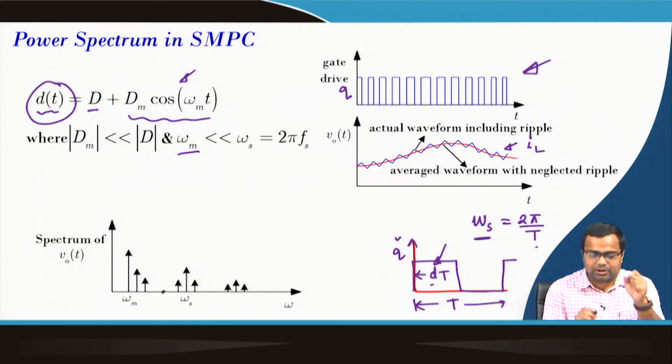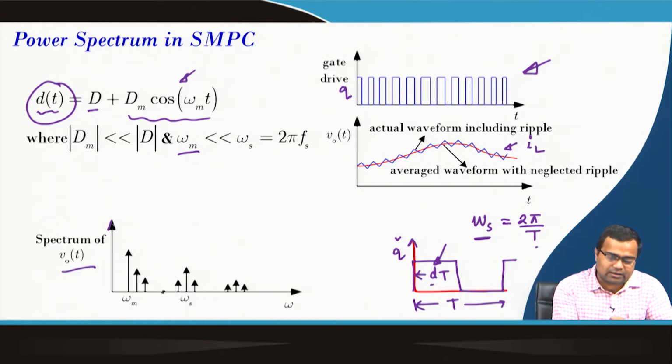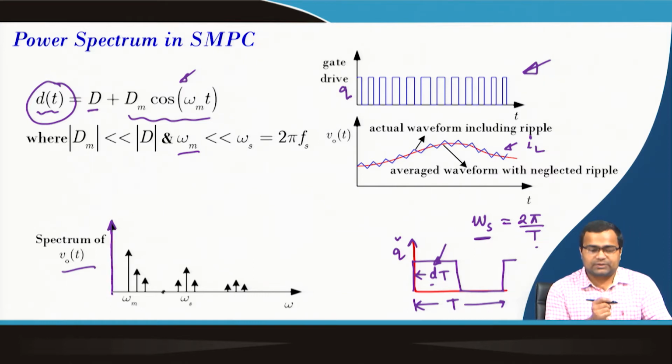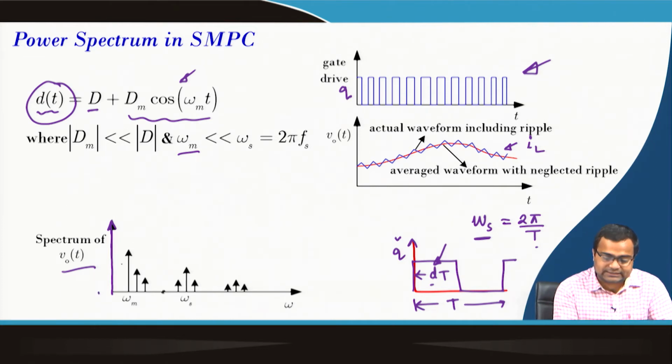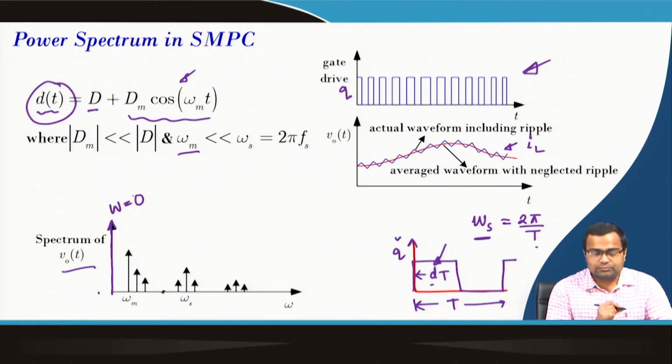If we draw the power spectrum of the output voltage, first there will be a large component of the DC quantity, right? Along with the DC quantity, we will also have some components on the right side and left side due to modulation. This is the DC component, where omega equals 0.